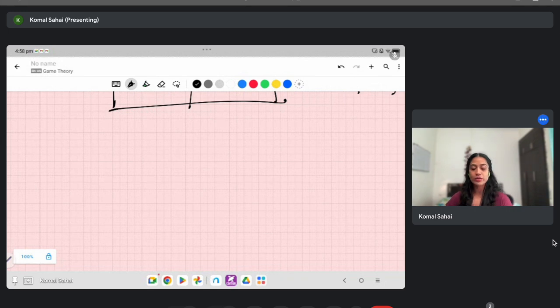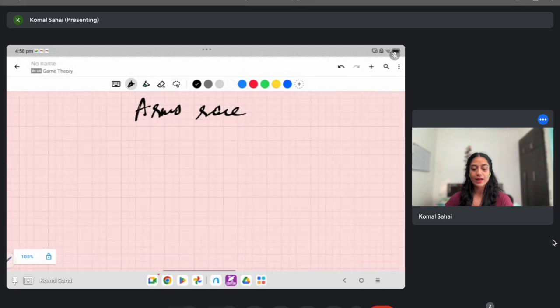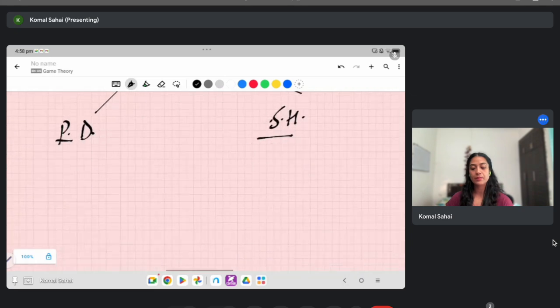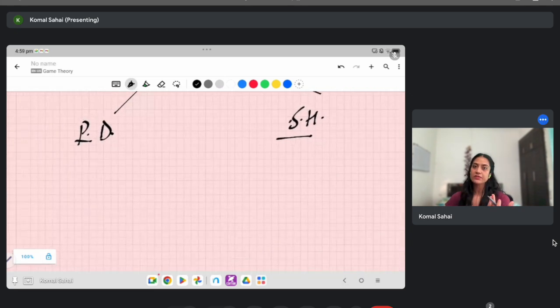One is that you can model your arms race as a prisoner's dilemma, and you can also model it as a stag hunt. Okay, and both these formulations, actual में arms race को कौन सा model ज़्यादा better suits, is an empirical question, but as theorists we can do both, right?